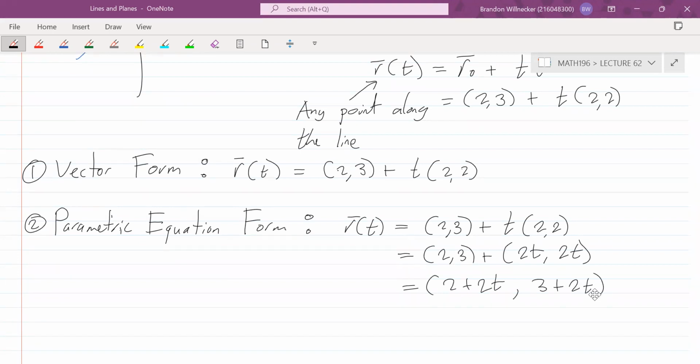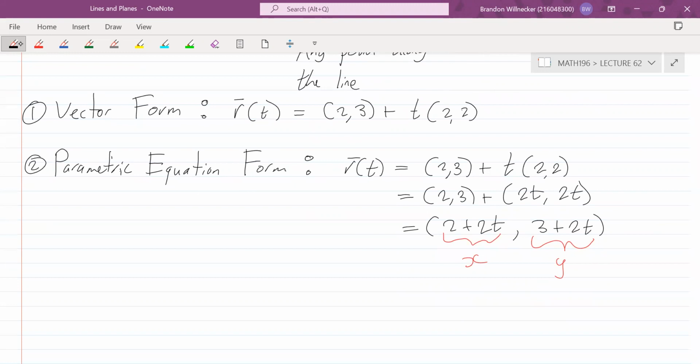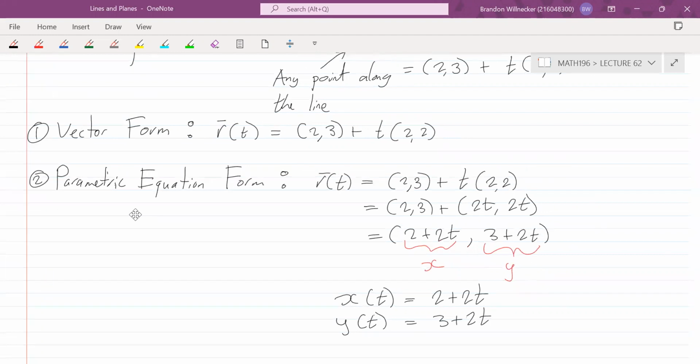But we know from our work with vectors that the first component, we call that x. The second component, that's y. So we could write this as x as a function of t is 2 plus 2t, and y as a function of t is 3 plus 2t. So this word parametric relates to t. t is called the parameter.